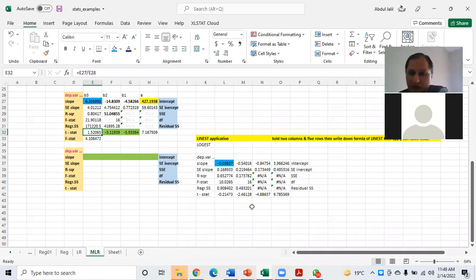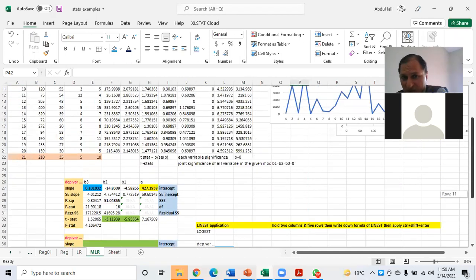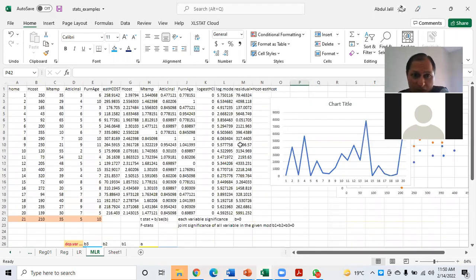More than 10%, close to 12, 15%, it may be significant, but not exactly. So the same thing applies here. But these values are highly significant. It is not significant at 1%, but it is significant at 5%. It is also significant at even 1%, right? And the slope is also significant. So whenever you apply these values in the model, you will get a more accurate result, right? So your residuals are going to be reduced.